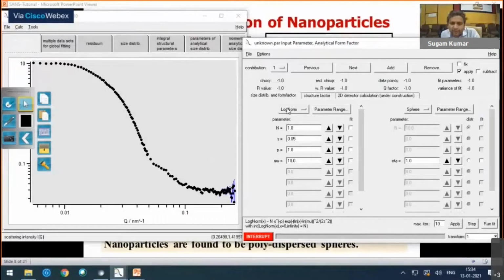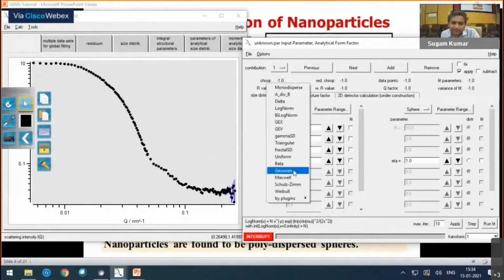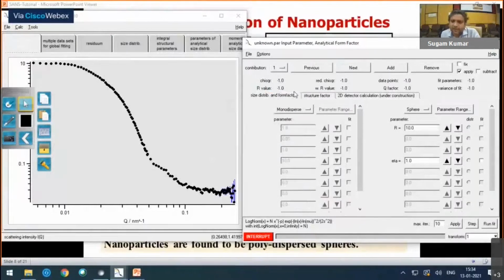Now this log normal, you can see this is different size distribution functions. Monodisperse I can choose to begin with, and I'm just employing that radius is 10 angstrom.